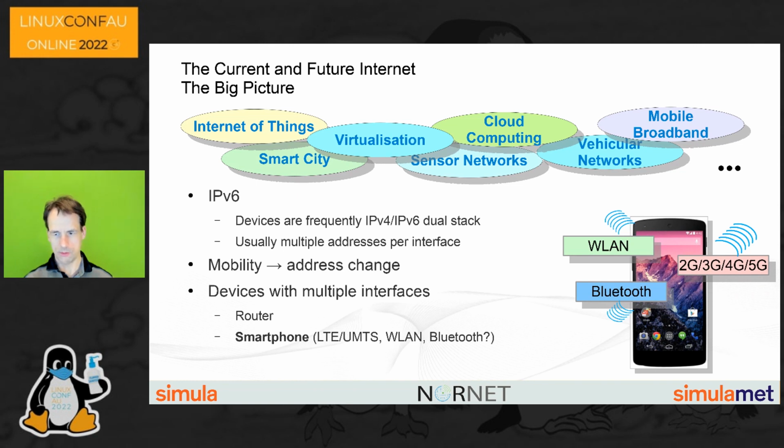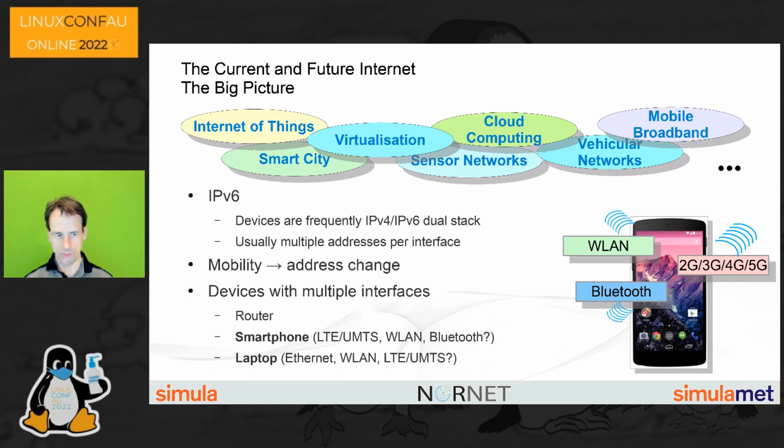And of course, the smartphone would even have a third interface, Bluetooth. Same as classically a router. Of course, a router classically had at least two interfaces. And of course, also depending on what kind of laptop computer you have, we have also multiple interfaces like Ethernet, Wi-Fi, and maybe even mobile broadband built in.